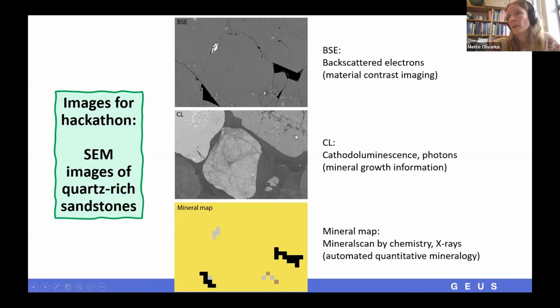And then you have these mineral maps also from these same intervals. And this is coarser resolution because it takes so long to measure the mineralogy in each of these spots. But it's just to give you information that this is actually a quartz grain here and here and here and here. And again, showing here the pore space, and that there are a few other minerals in some places.